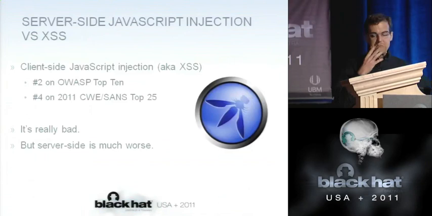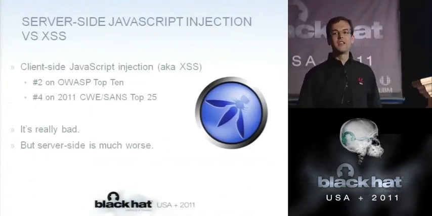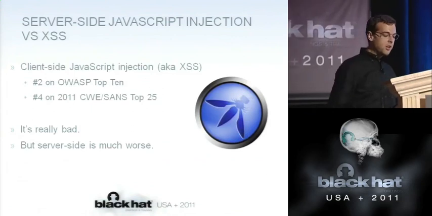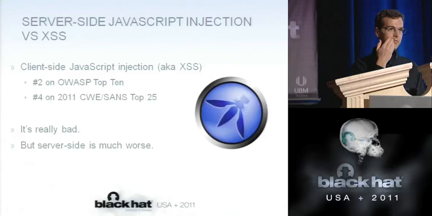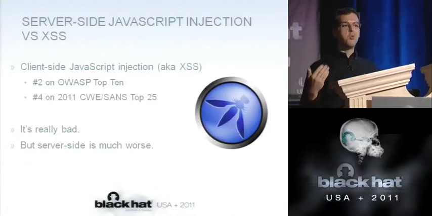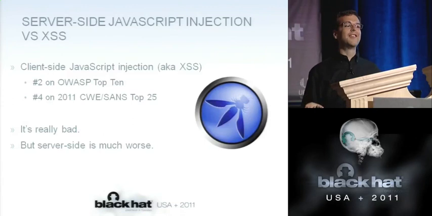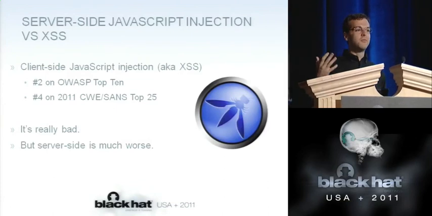So cross-site scripting, as we all know, you guys picked it out immediately. Fantastic, you're awesome. And we all know it's bad, right? But I think cross-site scripting is probably the worst named vulnerability of all time. It is so not indicative of what the problem really is.